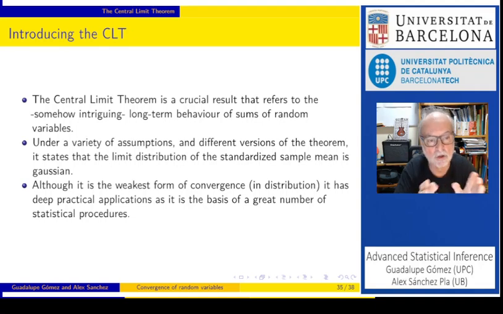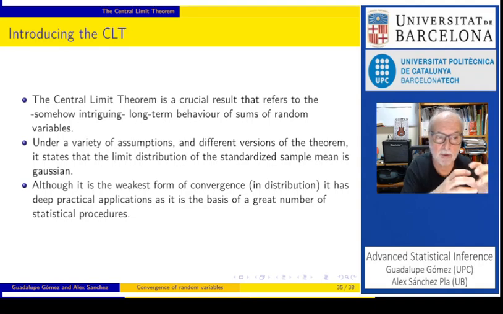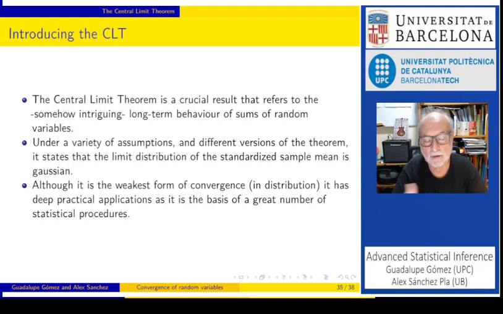We will see the definition. What it tells us is that as n tends to infinity, the standardized sample mean, so the sample mean centered on the population mean divided by the standard deviation of the sample mean, converges in distribution to the normal distribution. This is, as I said, the weakest form of convergence, but the number of applications of the central limit theorem is so big in statistics that, of course, it is very important.